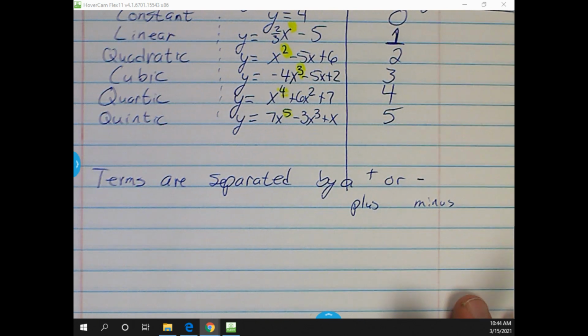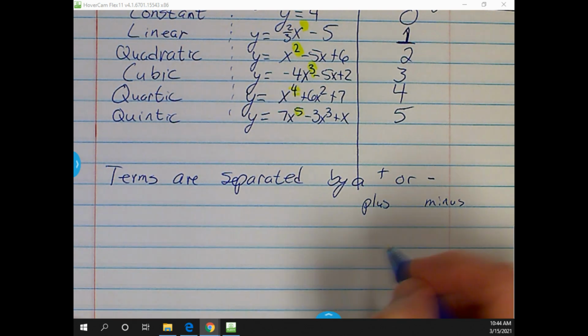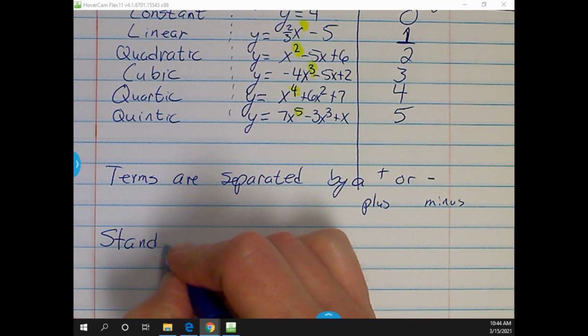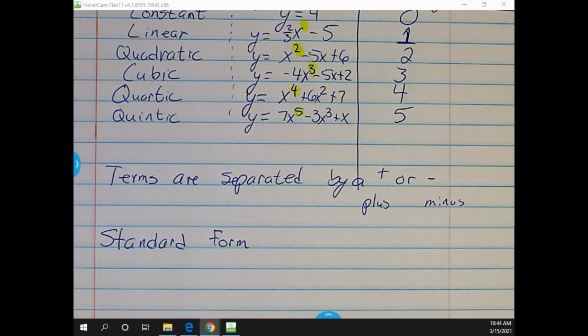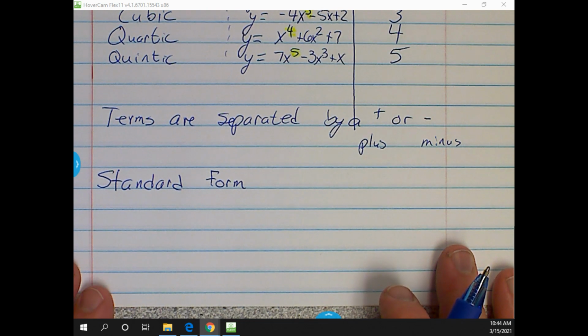All right, so your terms are separated by a plus or a minus, and then the other thing we're going to do here, and this will be the last thing we kind of put all together, is they're going to talk about standard form. And most of y'all know what standard form is because you've heard it a million different times. They may not have called it that.